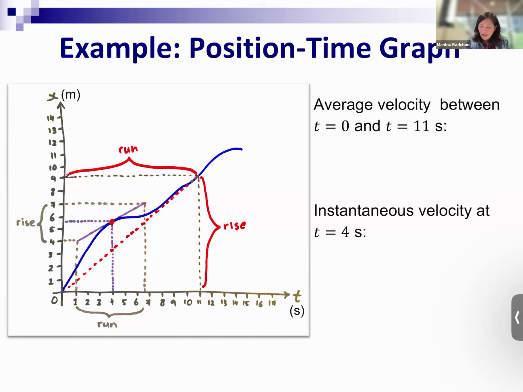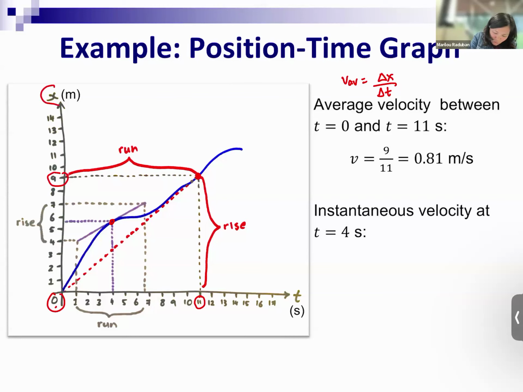For average velocity, we need to find the displacement, the rise, the change in position. We're looking at the time interval 0 to 11 seconds. Remember, your y-axis is position x.